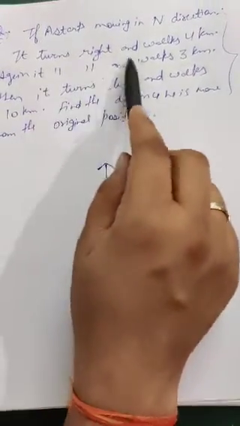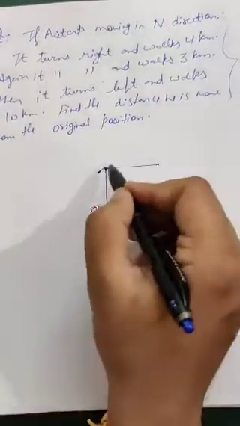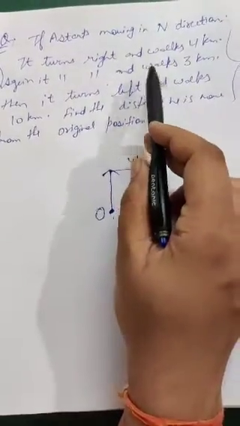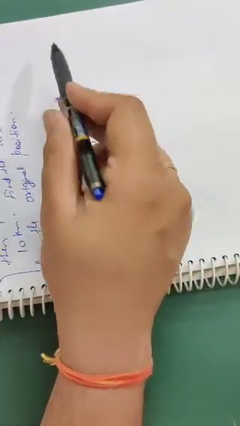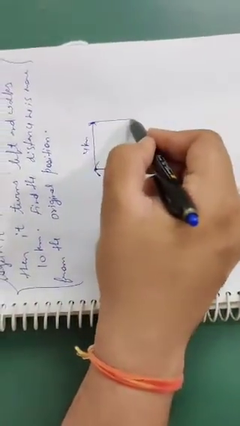Now it turns right and walks 4 kilometers. Here it is right and here it is left, so it turns right and walks 4 kilometers. Now again it turns right and walks 3 kilometers. Right now he is facing towards this direction, this would be left and this will be right, so it moves 3 kilometers.